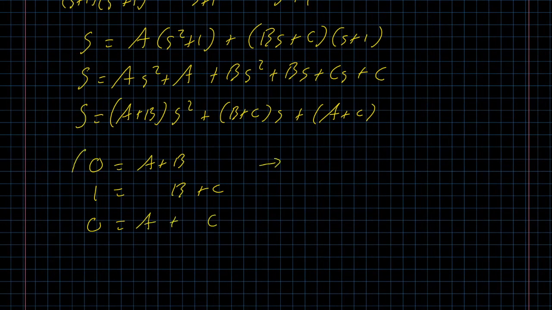That first equation pretty quickly gives us that b is the opposite of a. The third equation pretty quickly gives us that c is the opposite of a. And so by merging these together, we get that b must be equal to c.